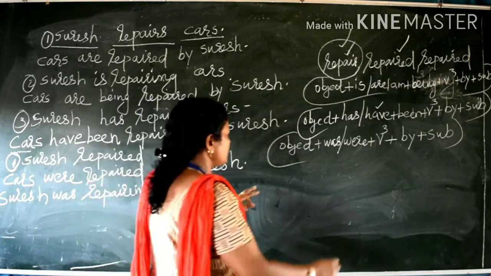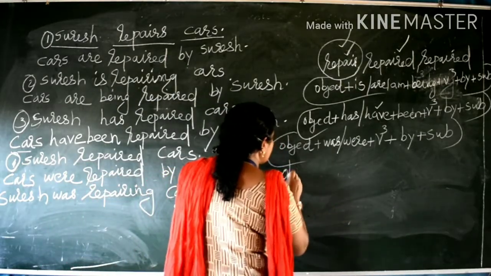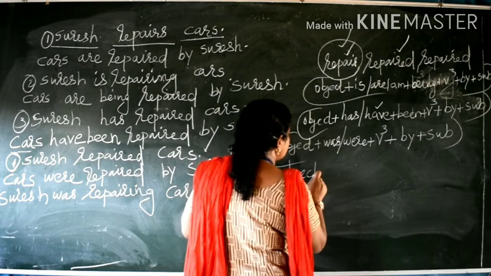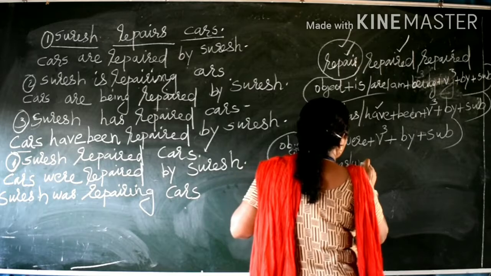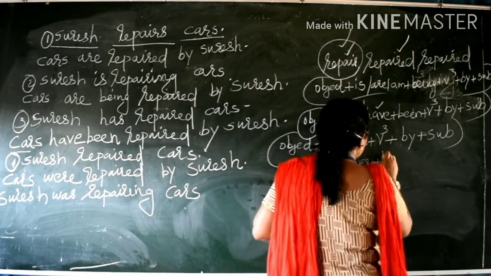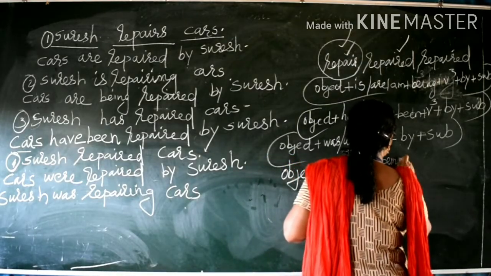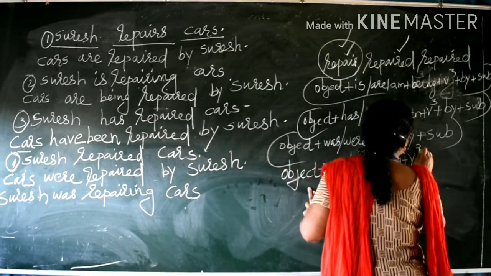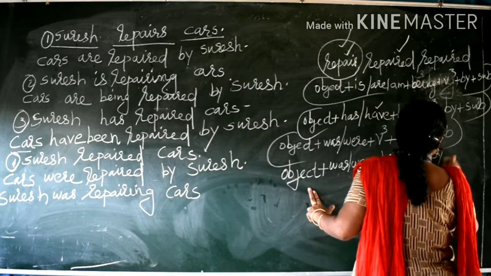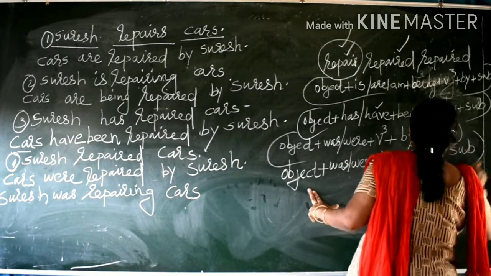The formula for changing into passive voice is object plus was or were plus being. This is the extra one we add, don't forget, children. In every continuous tense we use this being.